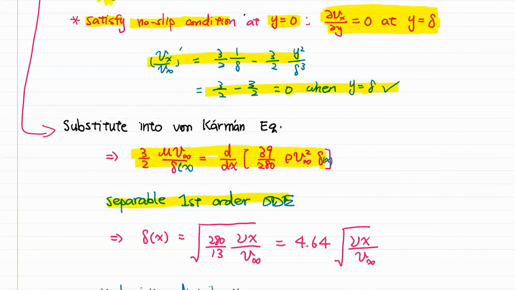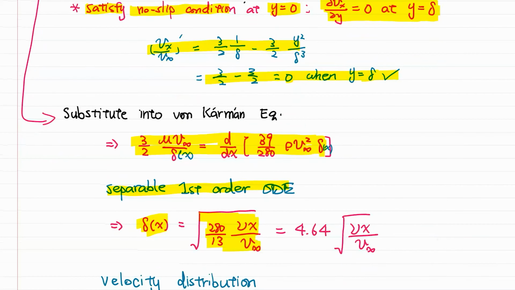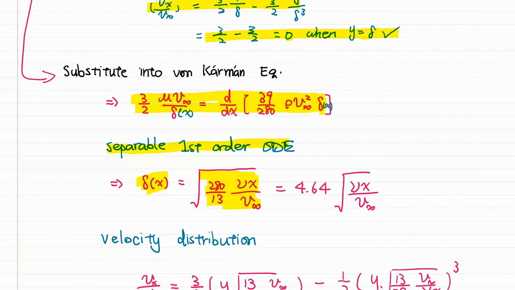So you just need to shift the terms on both sides to integrate both sides, and then you should be able to figure out that delta x equals the square root of 280 over 13 times the kinematic viscosity times x over v infinite. So it would be 4.64 times what's in the square root operator.